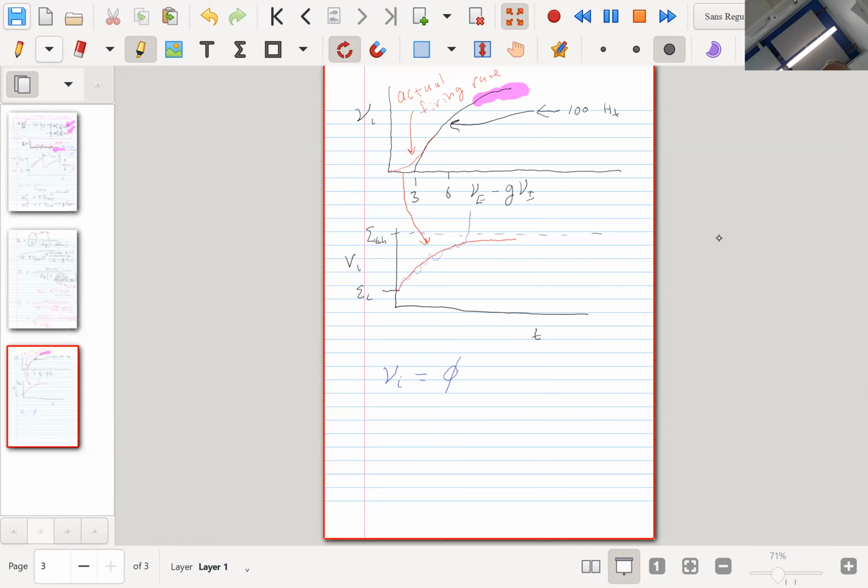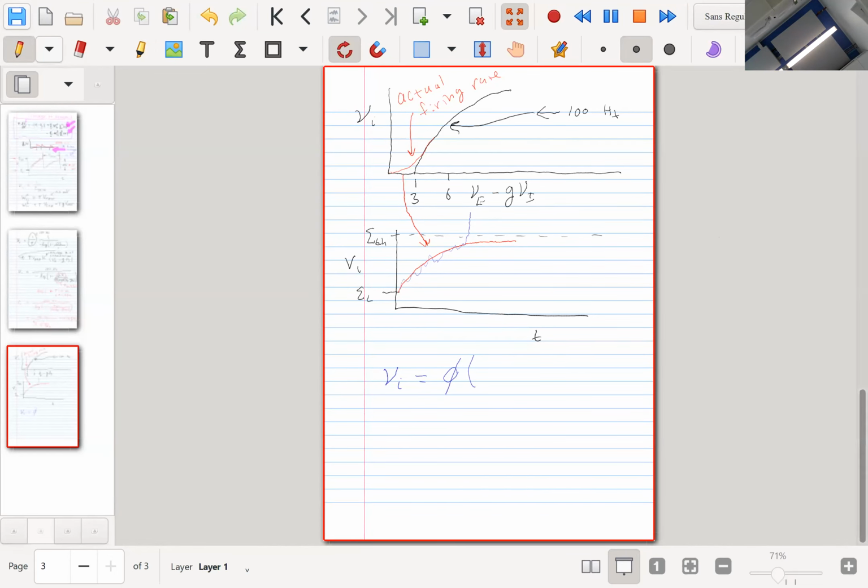We don't know a functional form for the red curve, but all we know is it looks kind of like the black curve, except at low firing rates. So instead of trying to work it out analytically, we'll just call it phi. It's some function, but what we know is that it depends on nu E minus G nu I.